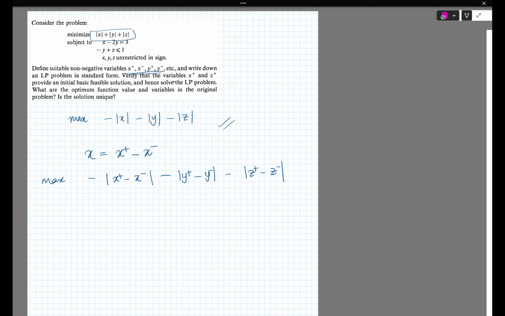For this, what you have to do is set it as max of some t, I think.